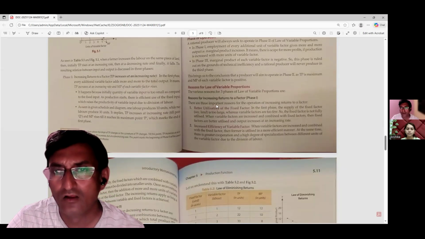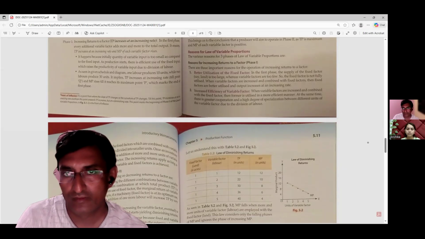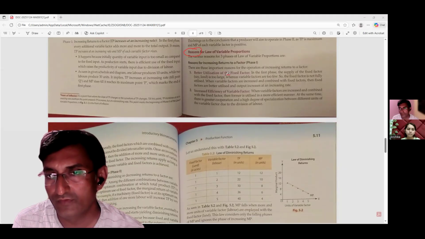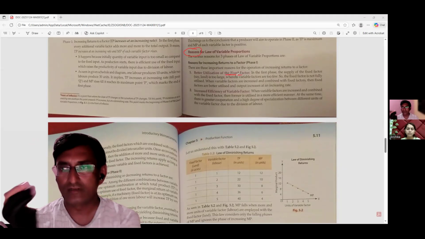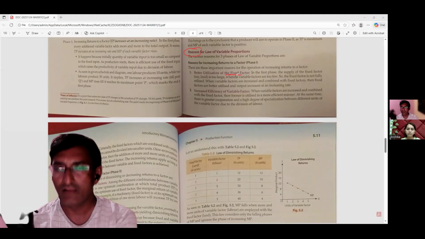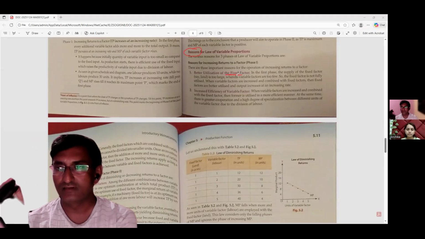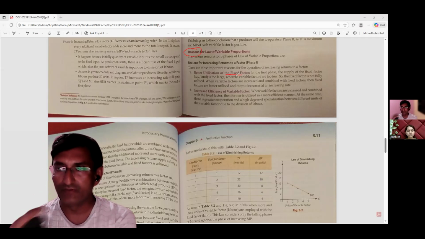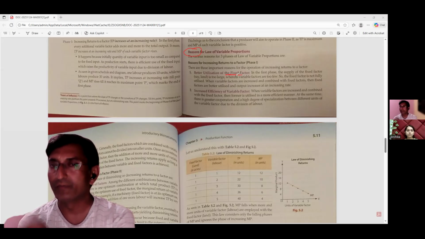Now again, what are the reasons for the law of variable proportions? I think this question will be asked in the examination because reasons are being asked, right? First of all, better utilization of the fixed factors. Every businessman wants to utilize maximum resources, whether natural or artificial, fixed or variable, with optimum utilization.